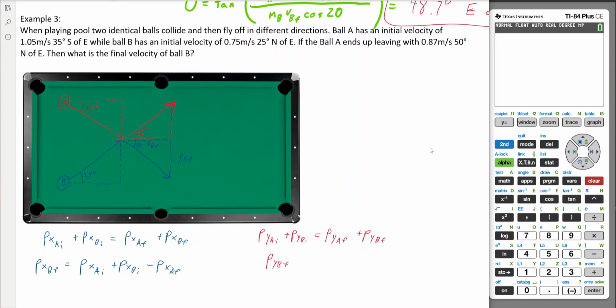So P_YBF equals P_YAI plus P_YBI minus P_YAF. Basically, we just subtracted the AFs to the other side in both equations.